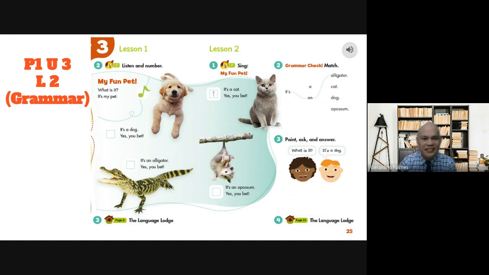What is it? It's a cat, number one. Number two, it's a dog.